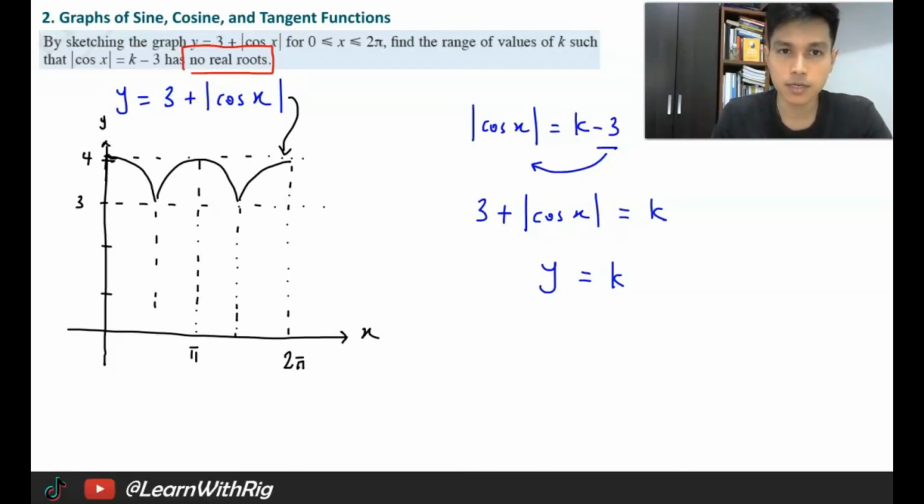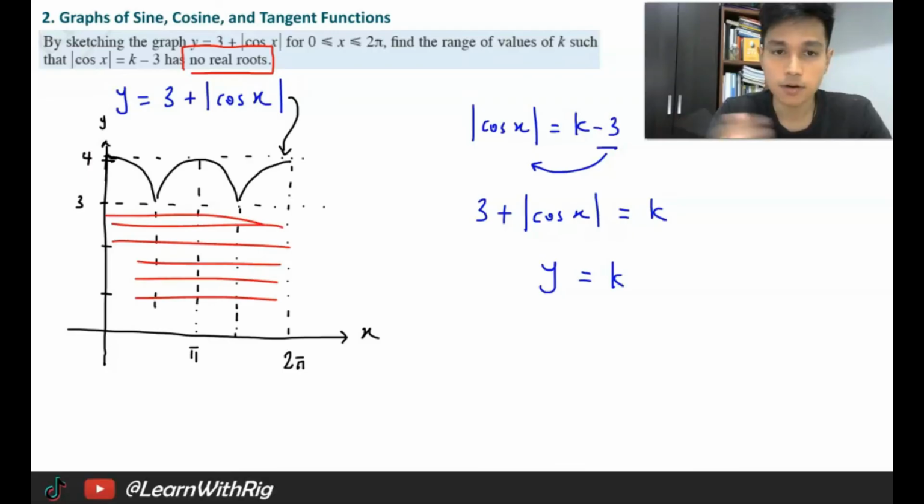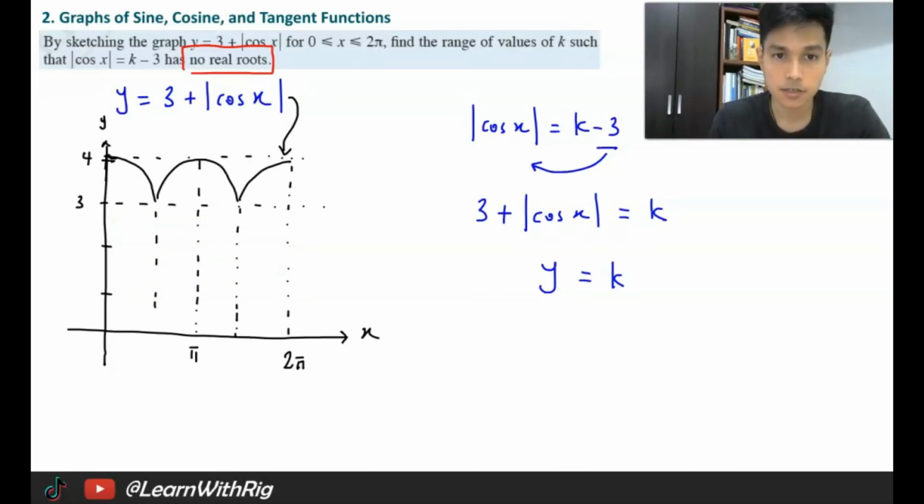So where should the k value be to have no real root? It should be anywhere above 4, or anywhere down here, because above 4 and below 3 you won't have any intersection. They ask you to find the range of k such that this equation has no real root.